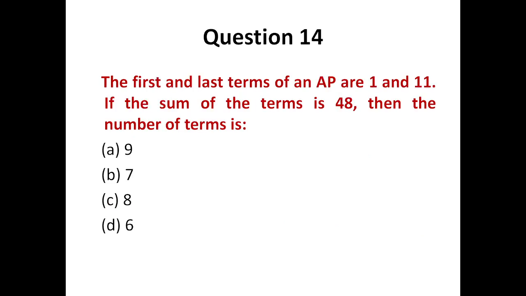Now come to question number 14, which is: the first and last term of an AP are 1 and 11. Given first term is T1, which can be written as a, which is 1, and last term l or Tn is equal to 11. If the sum of the terms is 48, suppose Sn is equal to 48, then what is the value of n? We will use Sn is equal to n by 2 into (2a plus (n minus 1) into d).